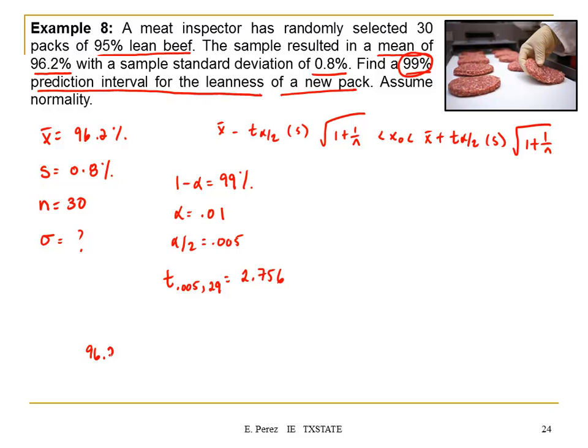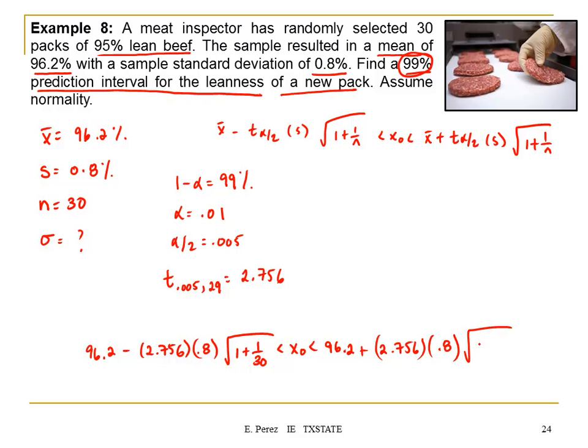This is 96.2 minus 2.756 times 0.8 times the square root of 1 plus 1 over 30, less than x0, less than 96.2 plus 2.756 times 0.8 times the square root of 1 plus 1 over 30.